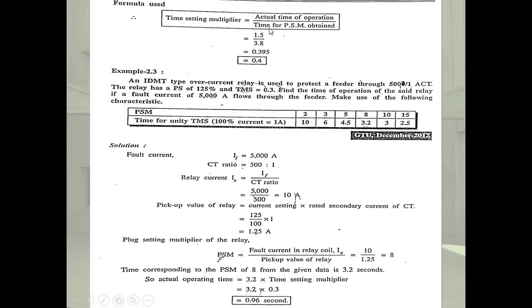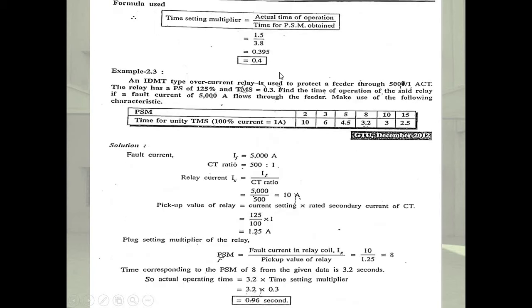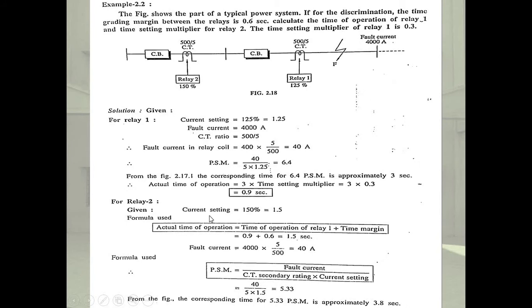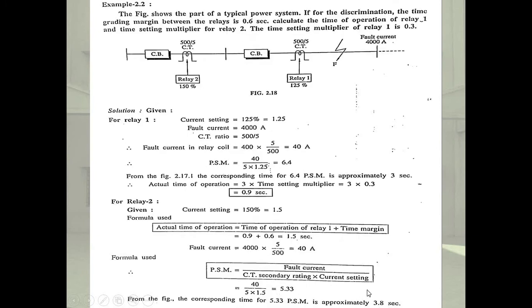Now the time setting multiplier equals actual time of operation divided by the time for the PSM obtained. The actual time of operation is 1.5 and the time for the PSM obtained is 3.8.